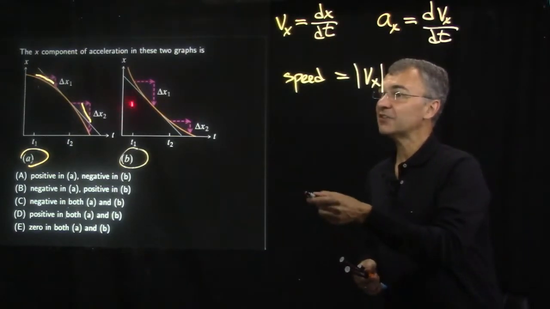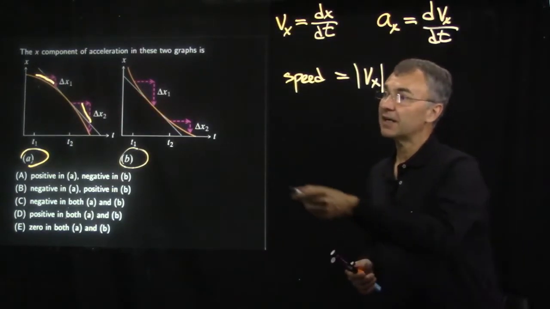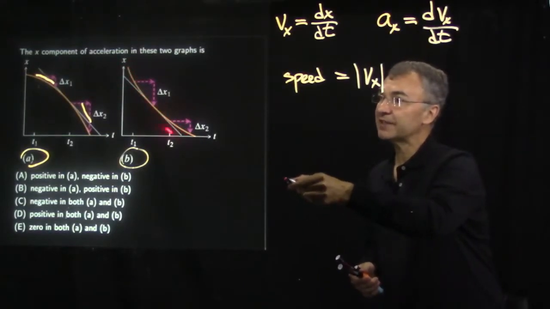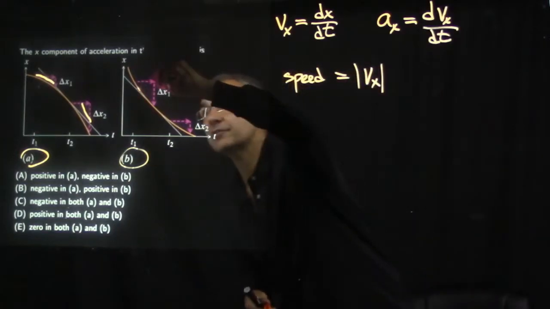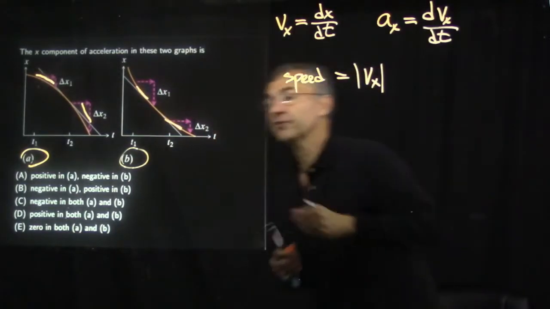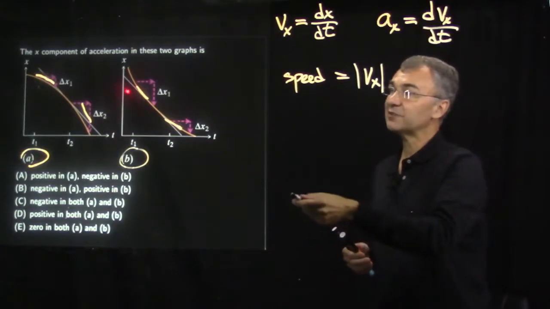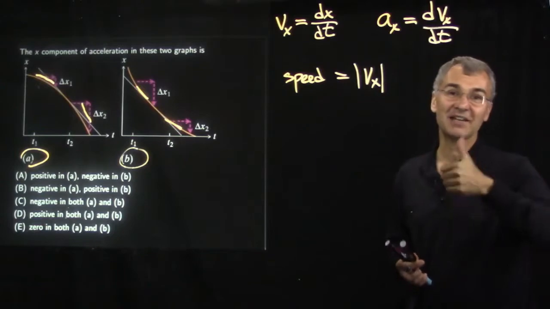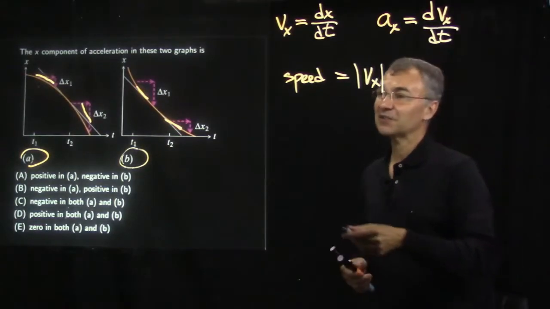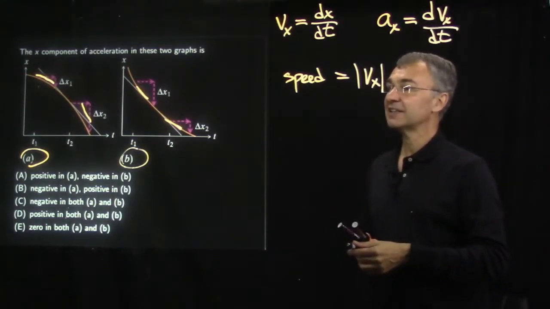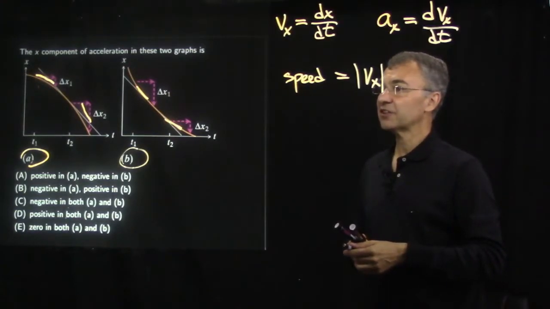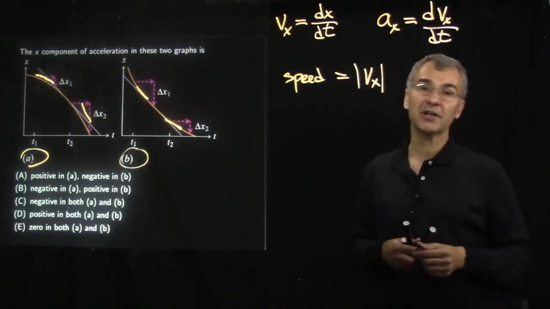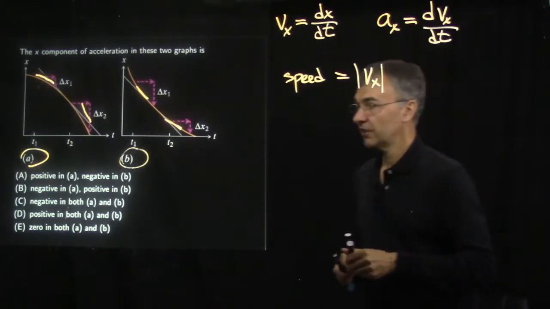Okay, then in this graph, I still see a negative slope here, but now the slope is becoming less negative. You see? This is a negative slope, but this is a less negative slope. So to make something go from negative to less negative, you have to add something positive to it. So I think that the acceleration is negative in the first case, and the acceleration is positive in the second case.